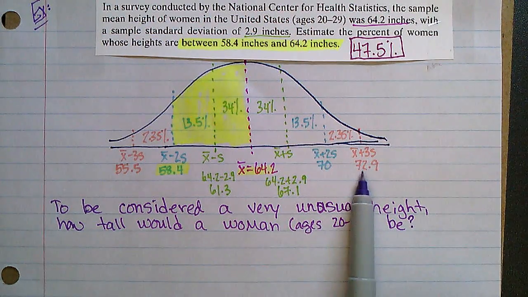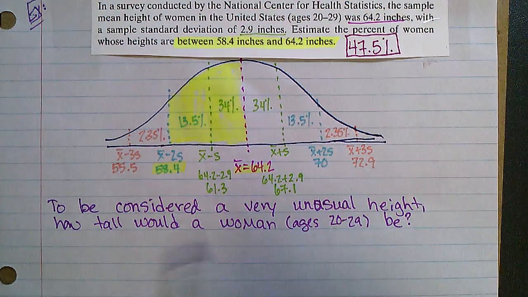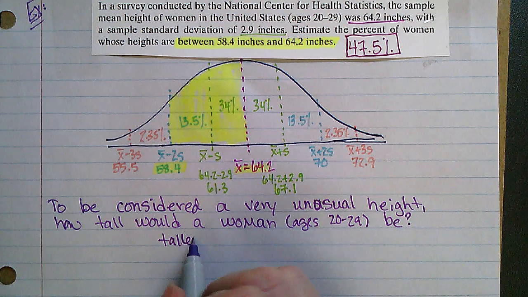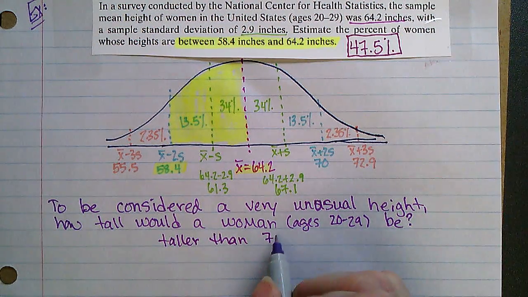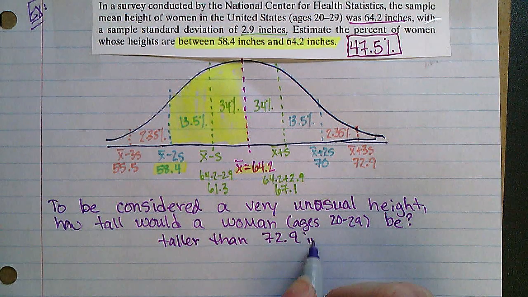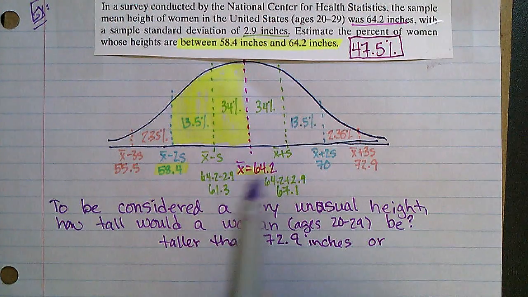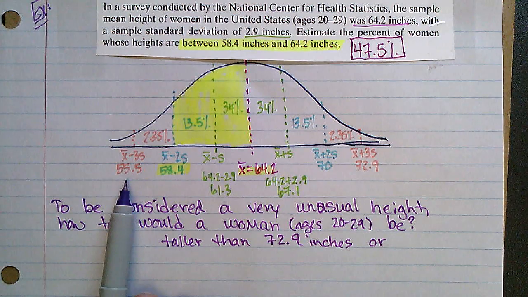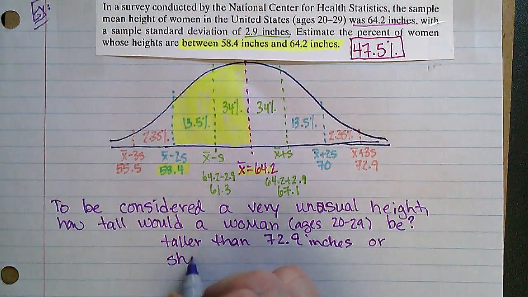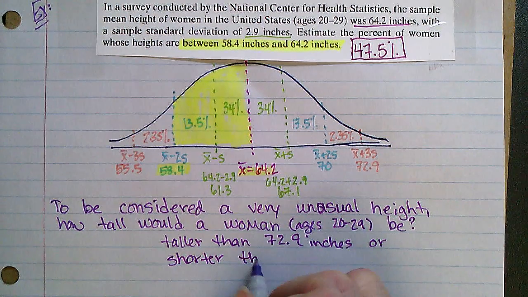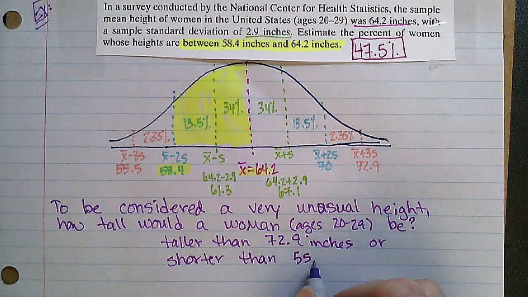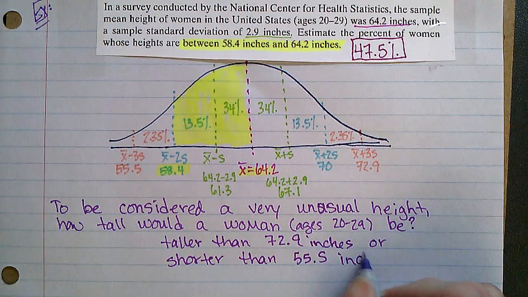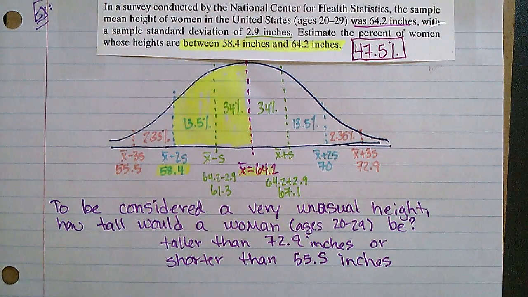So they would either need to be taller than 72.9 inches, or they could be on the other end. So we go out 3 standard deviations, and they would need to be shorter than 55.5 inches. Now, how many feet is that? 55.5 divided by 12.